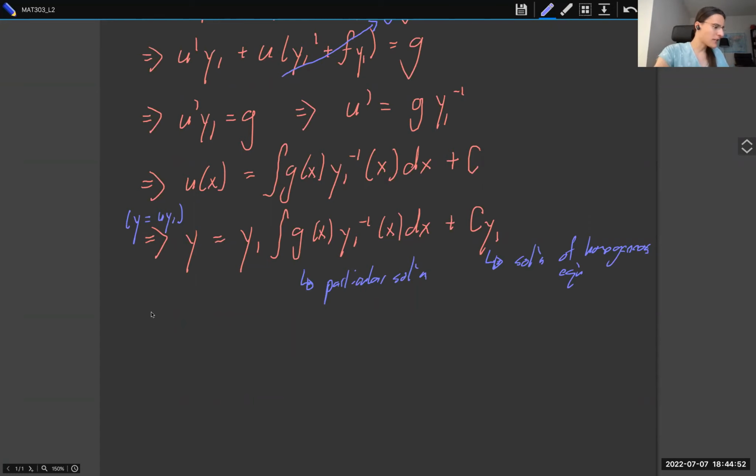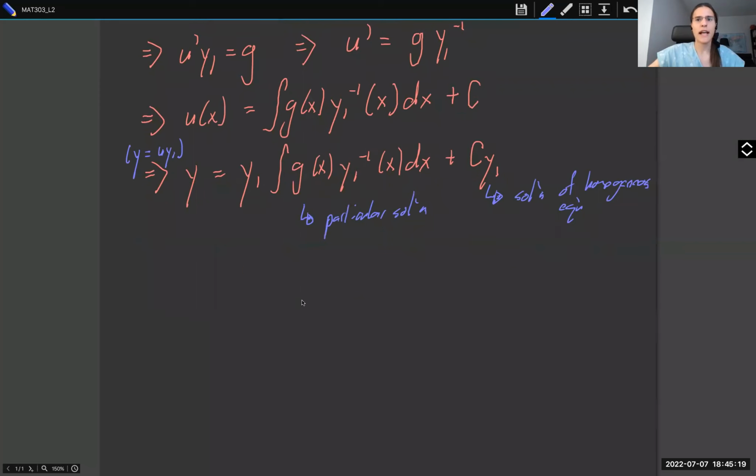I'm now going to show you how to do some examples using variation of parameters. As an example, I'm going to ask you to do some homework problems in each of the methods, and now I'm going to show you how you write up a solution using this.